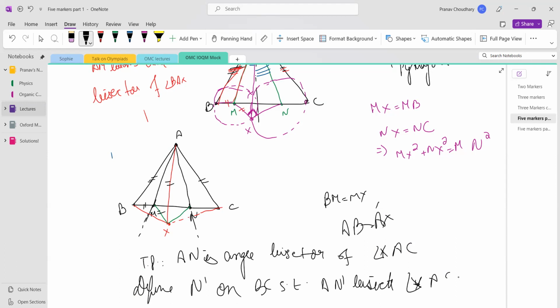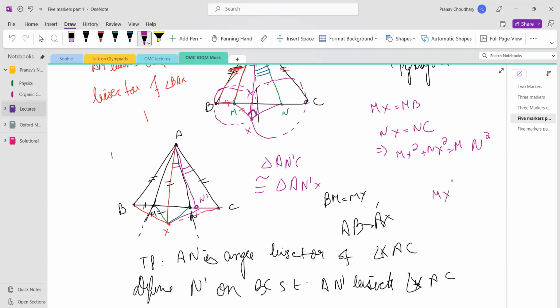Basically, this is called a phantom point. So let's say that this point here is N dash. Then, since this is the angle bisector, we have AX equals to AC already. The two angles are bisected, and AN dash is common. So triangle AN dash C is congruent to triangle AN dash X, which means XN dash equals to N dash C. And we already know BX equals to BM equals to MX.